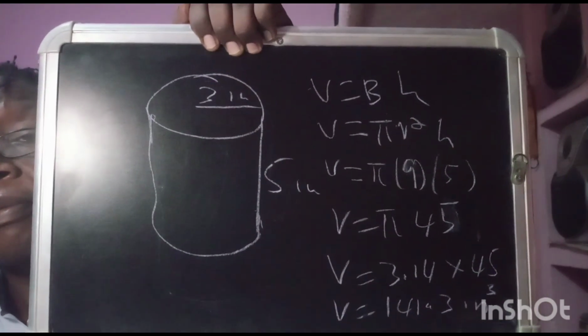Okay. So let's read something. I want to read something to you. Volume is a measure of 3-dimensional space occupied by matter. So matter can be water. You know, matter exists in 3 states: liquid, gas, and solid.